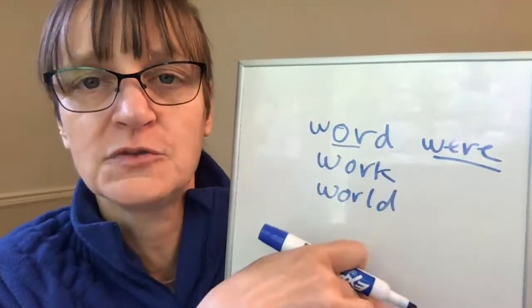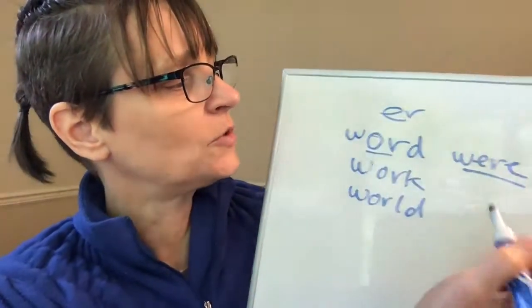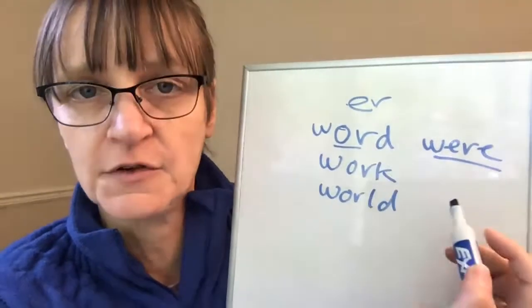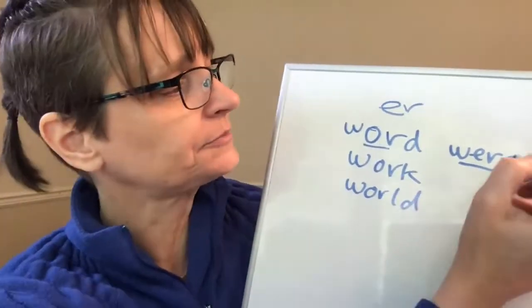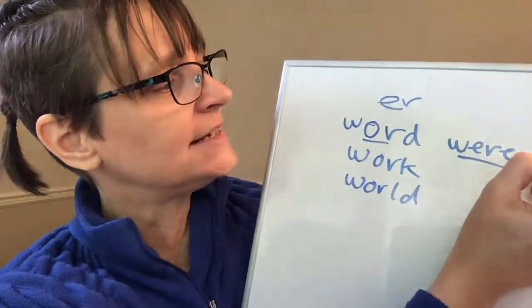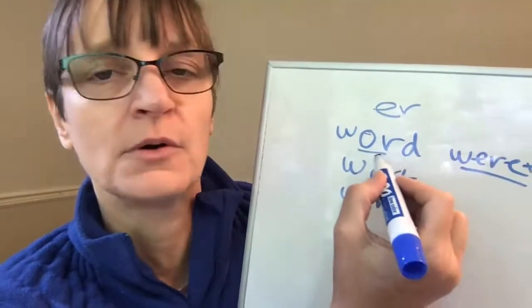But for all of these words, the OR actually says ER. So what I usually recommend is if you can say the word were correctly, start with that word, then add a D, word, and that's exactly how you pronounce the word word.